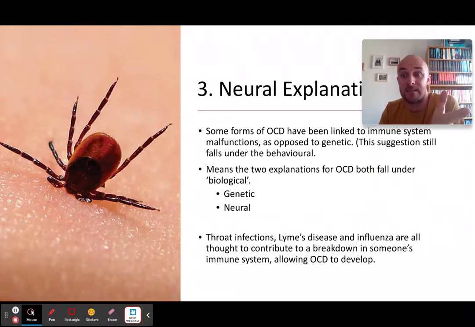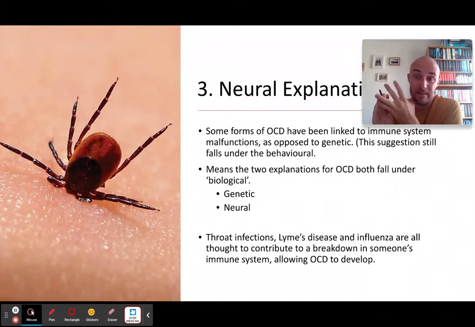Ticks carry Lyme's disease. There has been a correlation made, a relationship between getting some illnesses and that triggering off an OCD-like disease or illness.